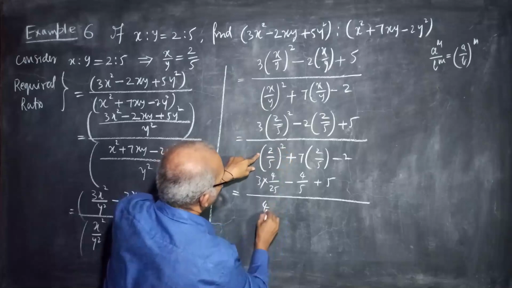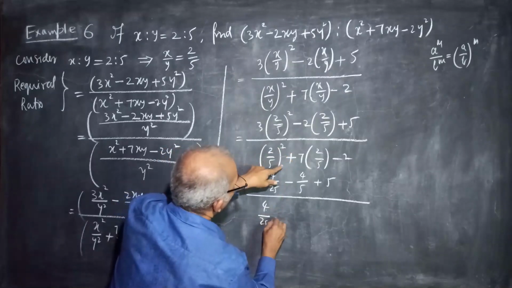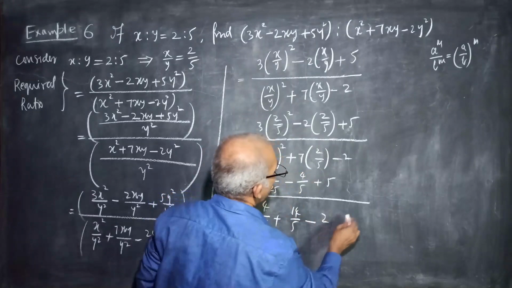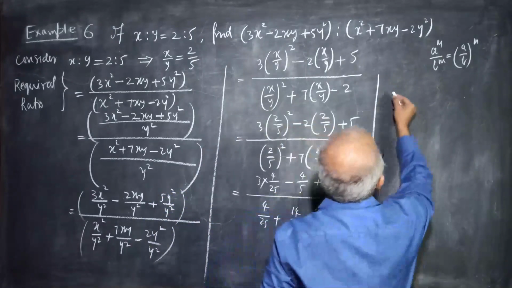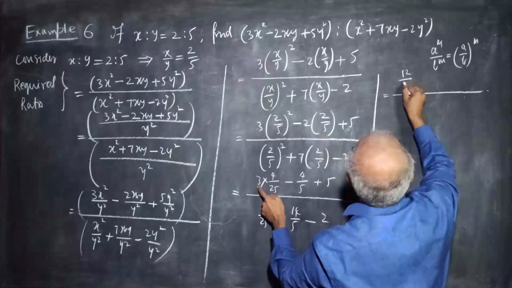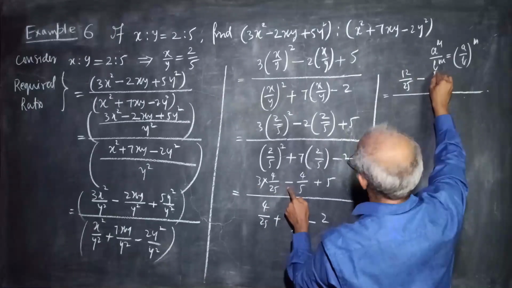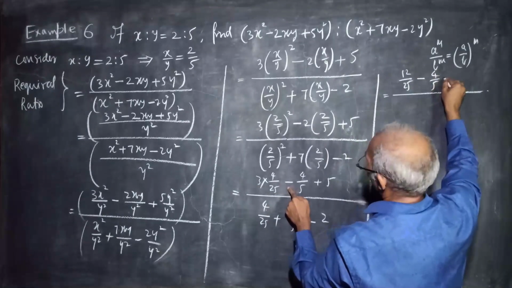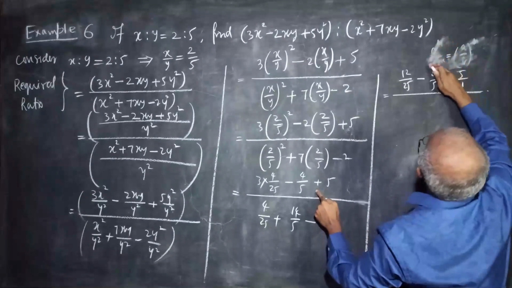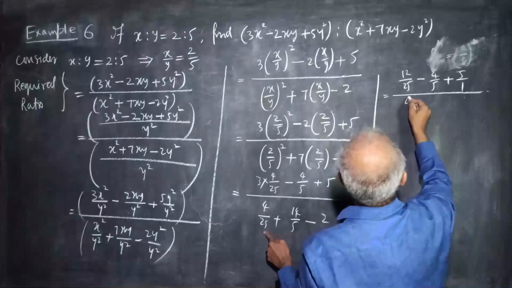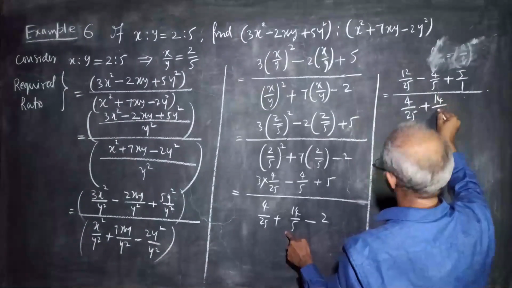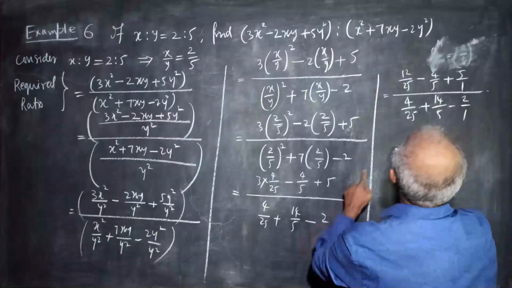Here 2 square is 4 divided by 5 square is 25, plus 7 twos are 14 by 5 minus 2. So this is equal to 3 into 4, that is 12 by 25 minus 4 by 5 plus 5 by 1. Similarly, 4 by 25 plus 14 by 5 minus 2 by 1.